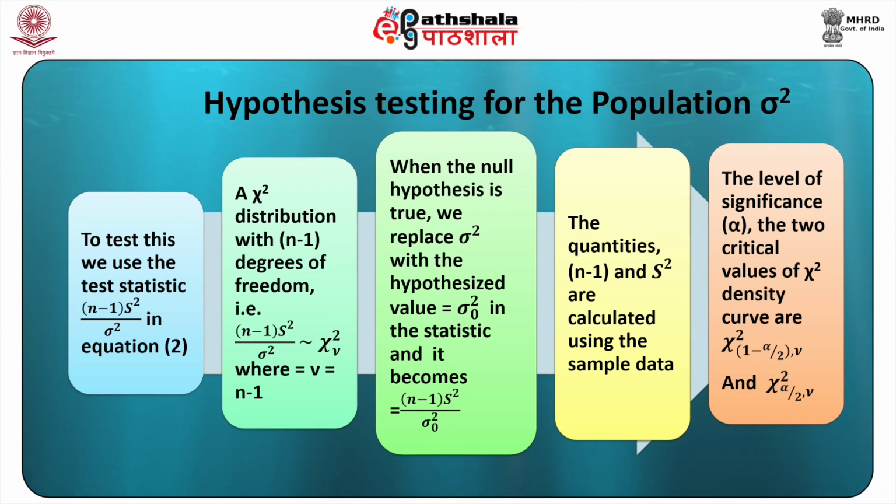So, given the level of significance alpha, the two critical values of the chi-square density curve could be calculated as chi-square 1 minus alpha by 2 for degrees of freedom nu and chi-square alpha by 2 for degrees of freedom nu. Now, if the calculated test statistic lies within these two limits, we fail to reject the null hypothesis.